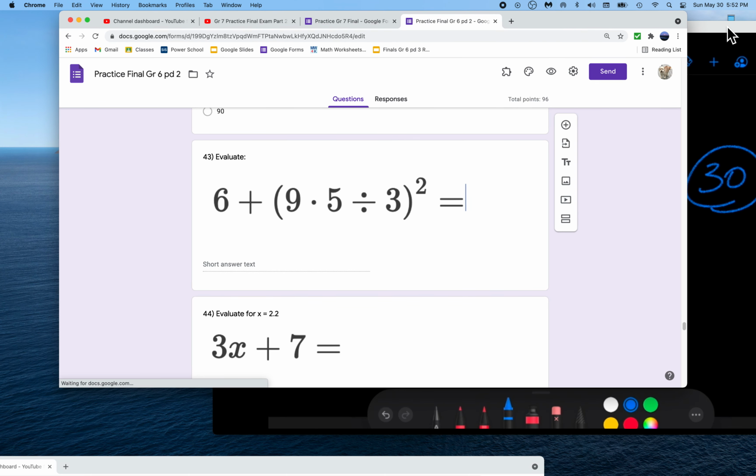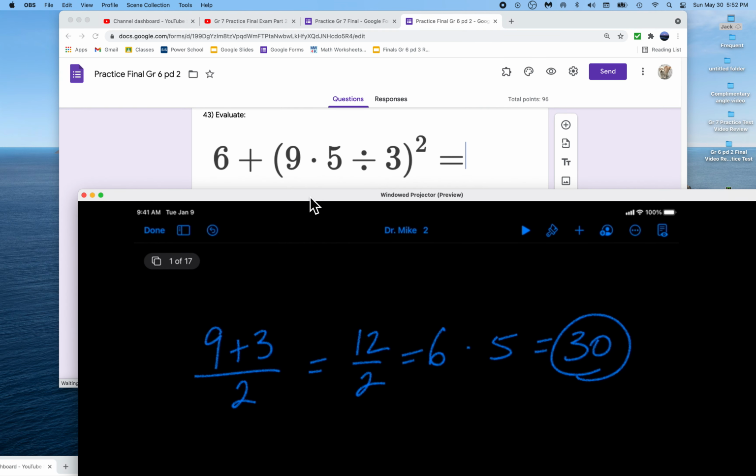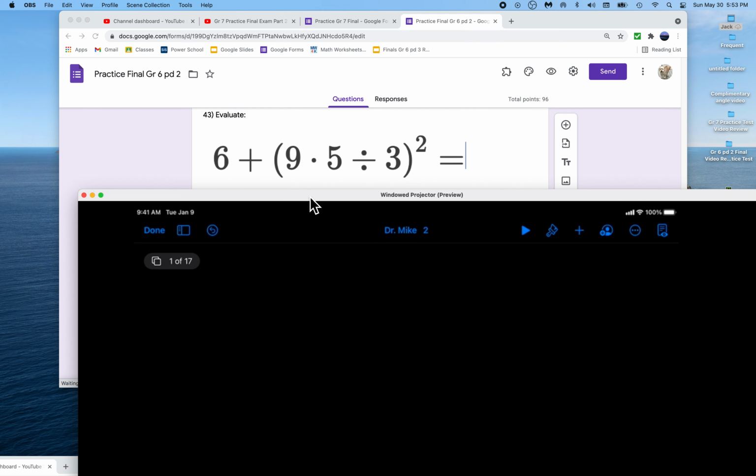Let's look at this one. So here we have to be careful. We have to use the order of operations within the parentheses. Okay, we know that we have to do the parentheses first. Always double check your transcription is correct.